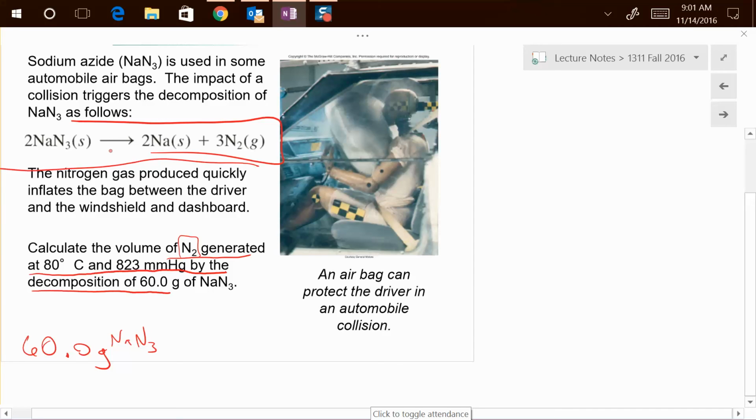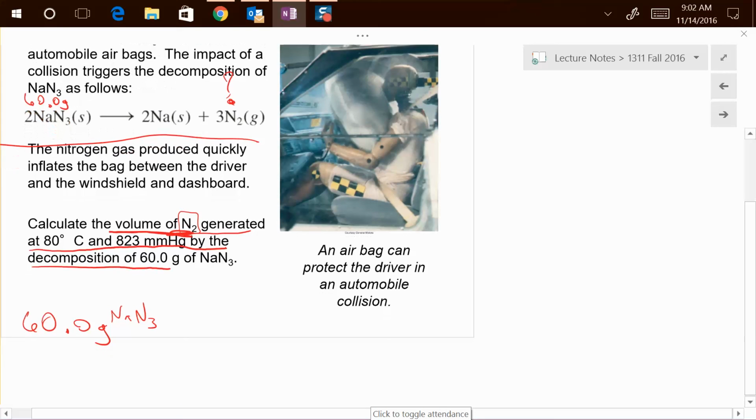How could I solve for the volume of N2? What is the volume of N2? They're giving me 60.0 grams of this NaN3. What should I do? You could actually do it in 2 ways.